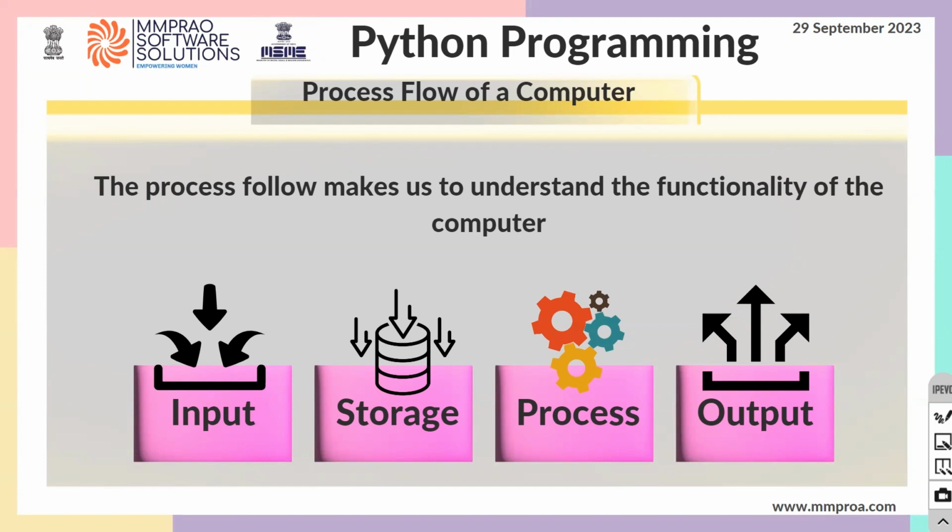The same thing is called the process flow of computer, where the functionality of the computer is done with 4 integrated steps like input, storage, process, and output. This is how the computer works, and this is how the computer functions in doing the desired, expected tasks based upon the application or software you are using.